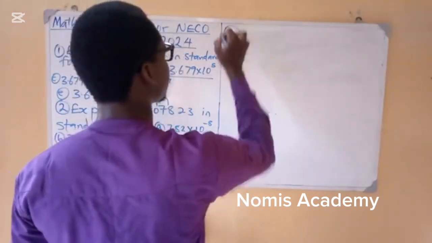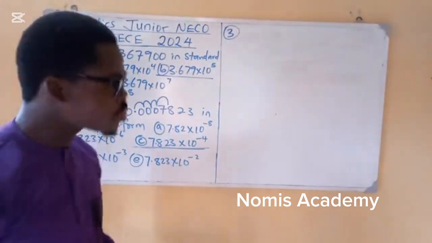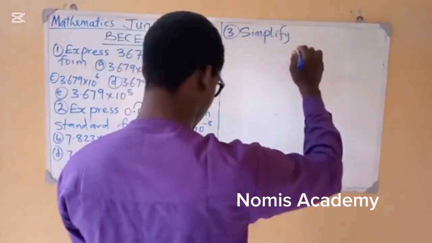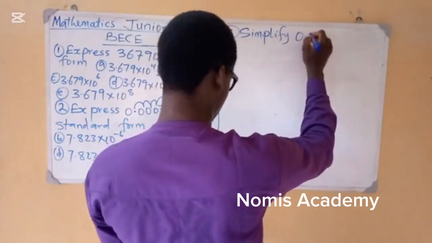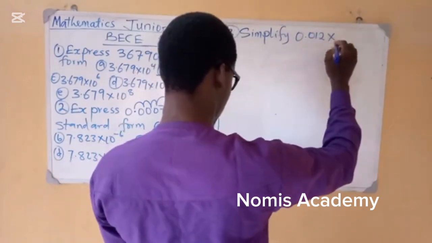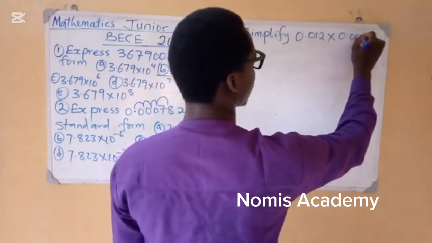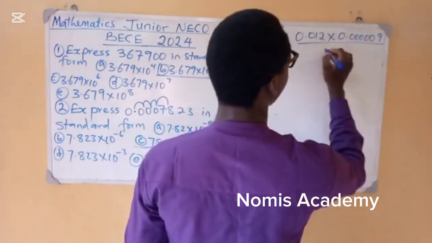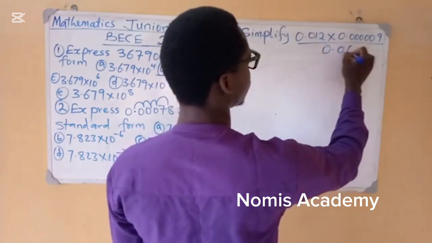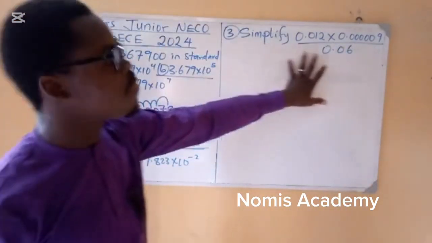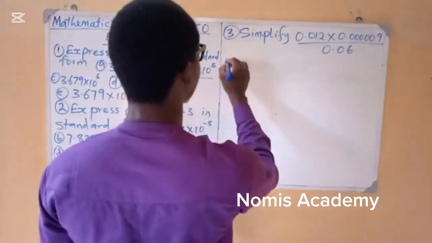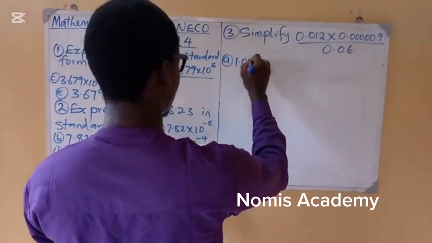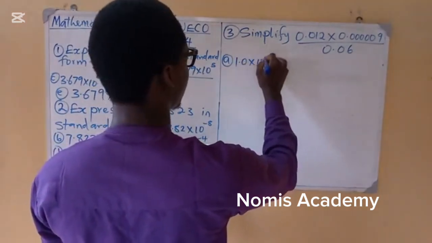So let's go to the next problem. We have number 3. We are asked to simplify 0.012 times 0.000009 all over 0.06. The options are: A, 1.0 times 10 raised to the power of minus 5.